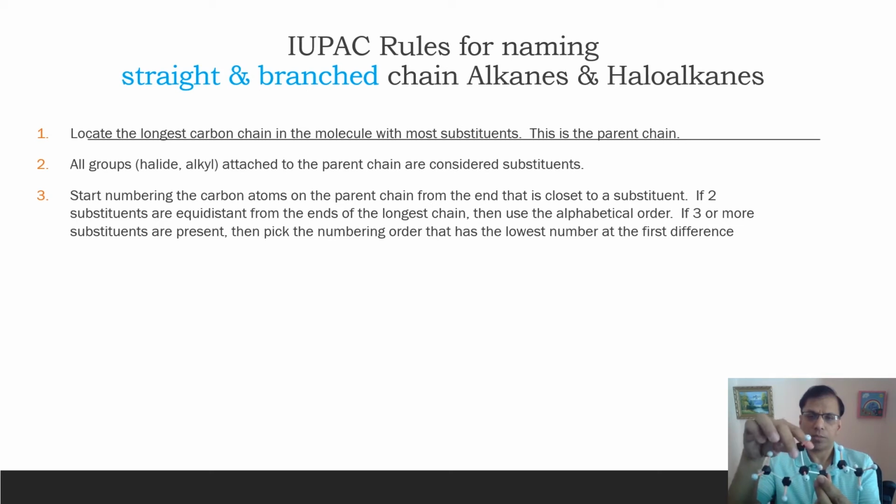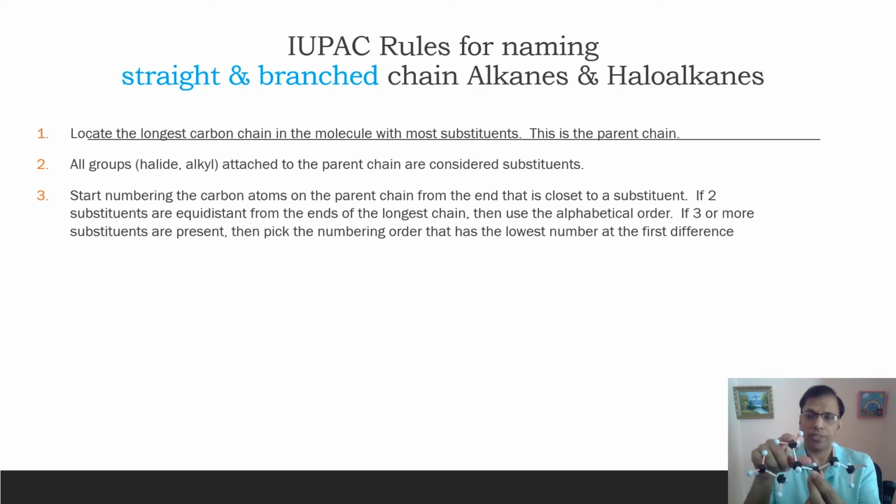This is the methyl substituent that's attached. So you start numbering from the end of the longest chain that is closest to the substituent. If we start numbering from here, 1, 2, 3, the methyl substituent is on carbon 3 of the parent chain.